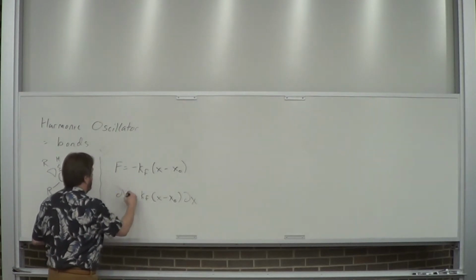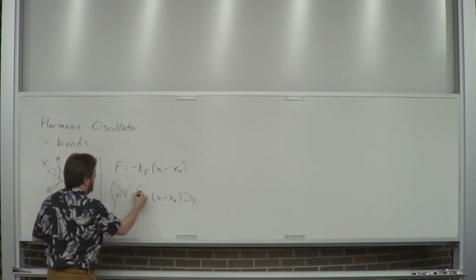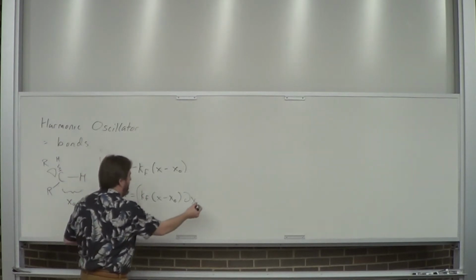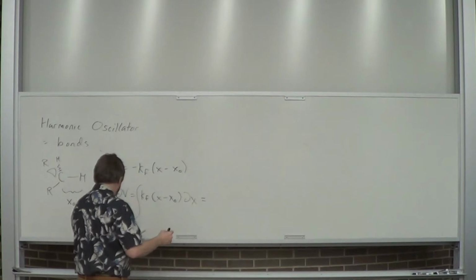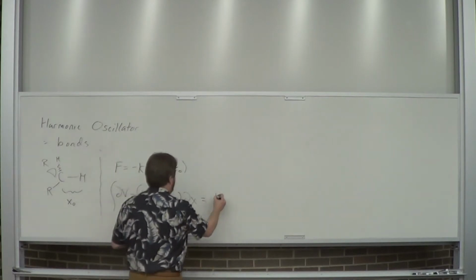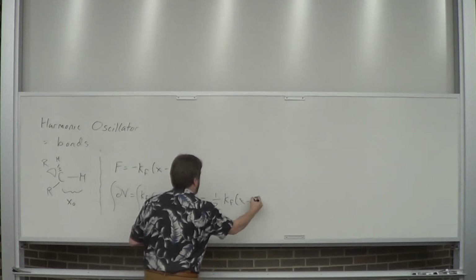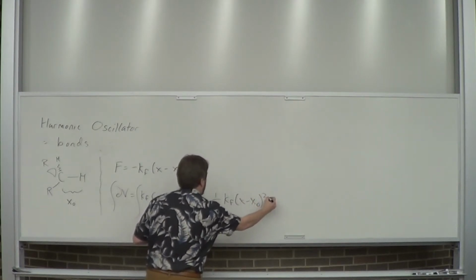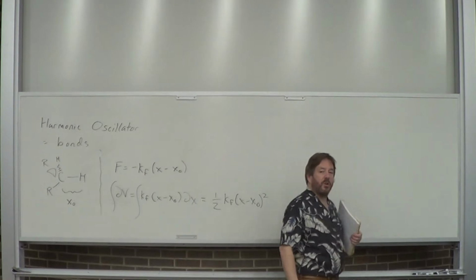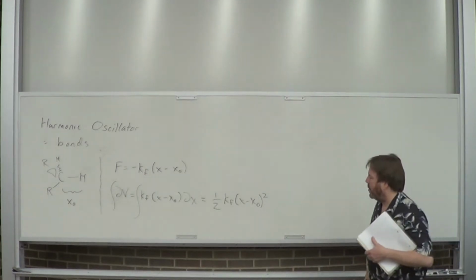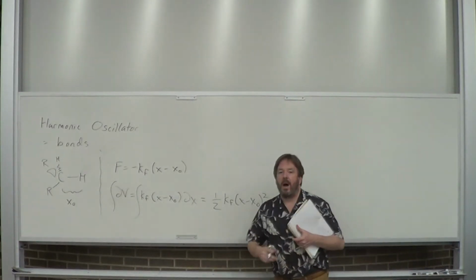And of course, to deal with this, I need to integrate it. If I integrate this, what you're going to have is one half the spring constant times x minus x naught squared. And so that is the potential that we plug into the Schrodinger equation, where x now becomes an operator.